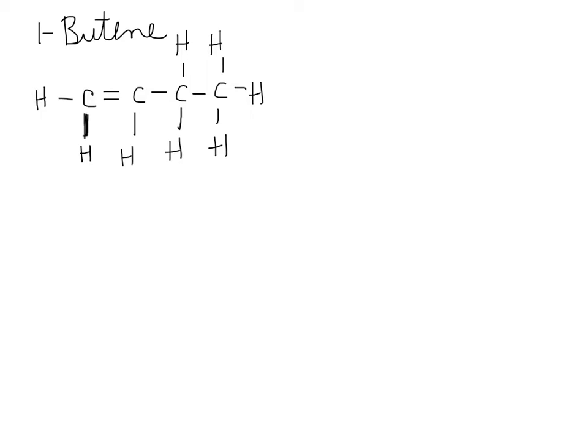Alright, now you can have 2-butene, and lowercase is fine for this. So you want to have 1, 2, 3, 4. This time the double bond is in the middle, and then you get single bonds. Each carbon has 4 bonds: this carbon, third carbon, 1, 2, 3, one more makes 4.